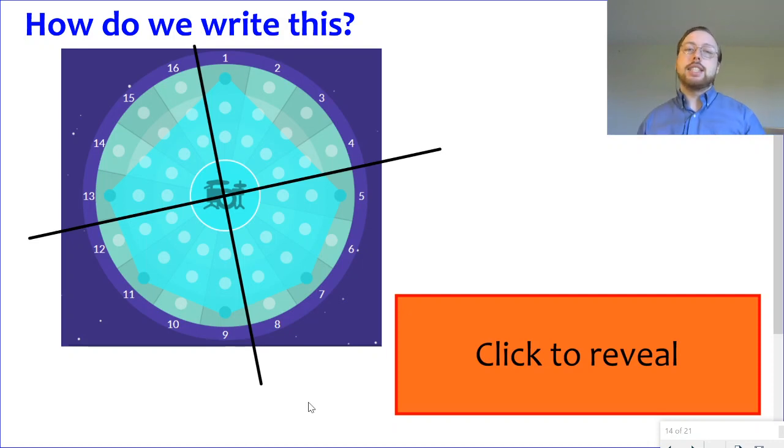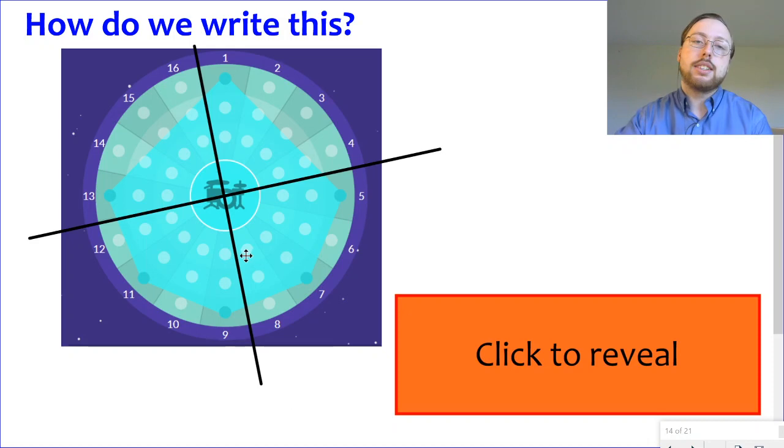Take about 10 seconds to look and study and think, how would we write this using our notation? I'll give you about 10 seconds.